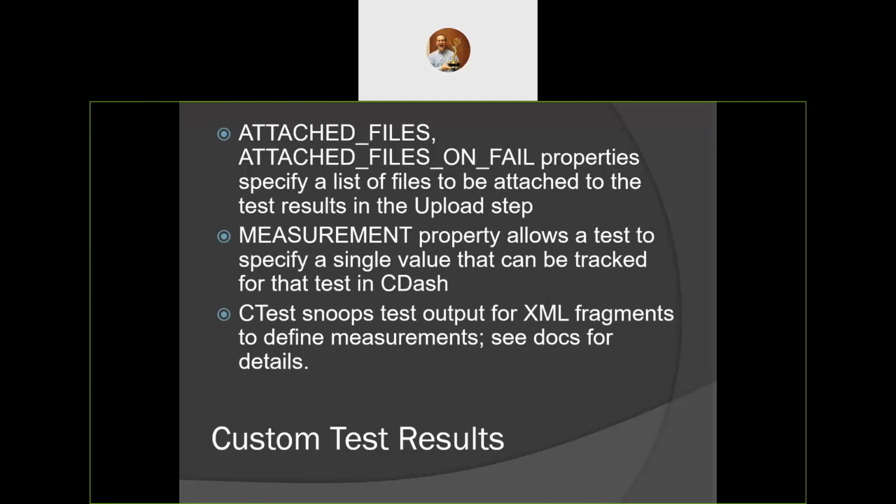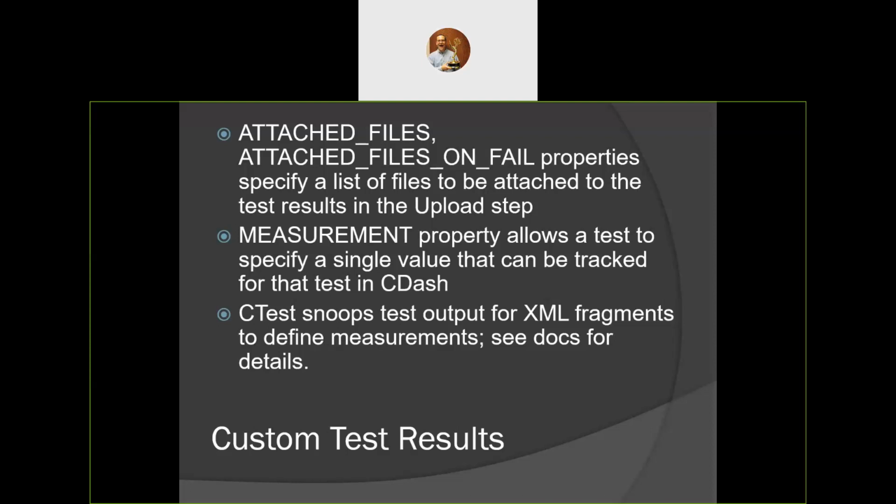However, CTest snoops the test output for XML fragments that can be used to define measurements. So you can use this to report little name value pairs out of the test output.